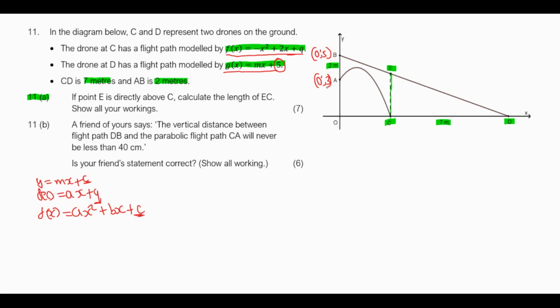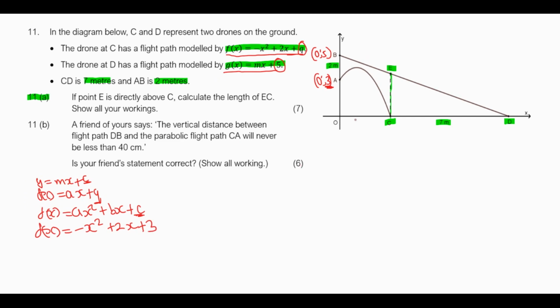The y coordinate of the y-intercept is 3 here, so q is 3. So f of x is equal to negative x squared plus 2x plus 3. Now we have the equation of f of x.